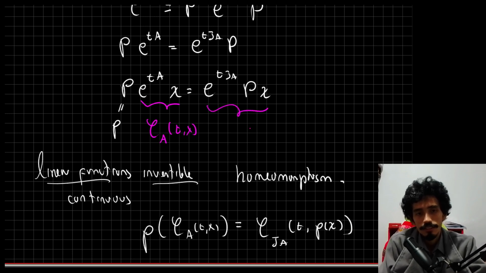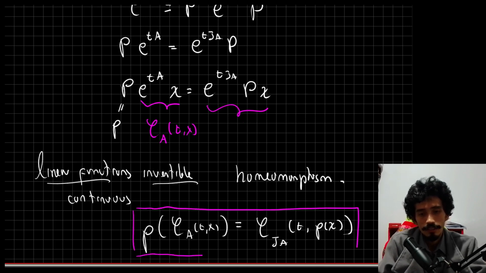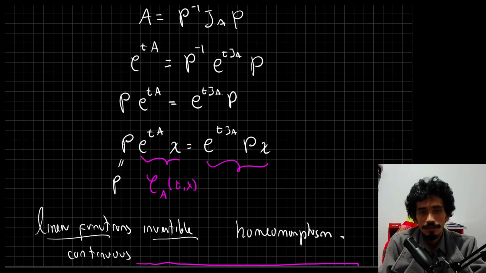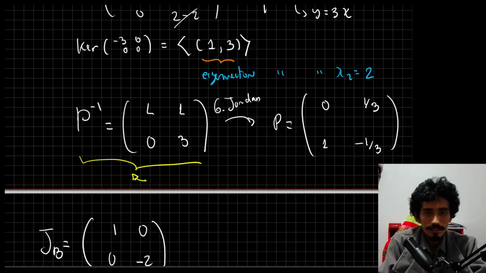This is the structure that we have here. And so this lowercase p will be our homeomorphism. And now we know which one this is. This is p that is here.